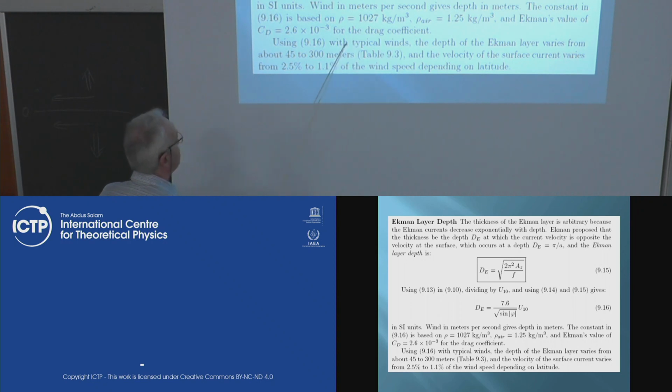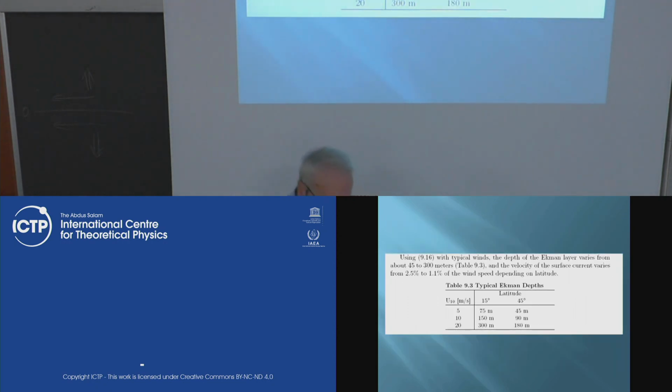We calculate the Ekman layer depth using this formula here. For typical winds, the depth of the Ekman layer varies from 45 to 300 meters, and the velocity changes from 2.5 to 1.1% of the wind, depending on the latitude. So these are the important aspects of the wind influence, which will be used for our further consideration of the response of the ocean to the wind.